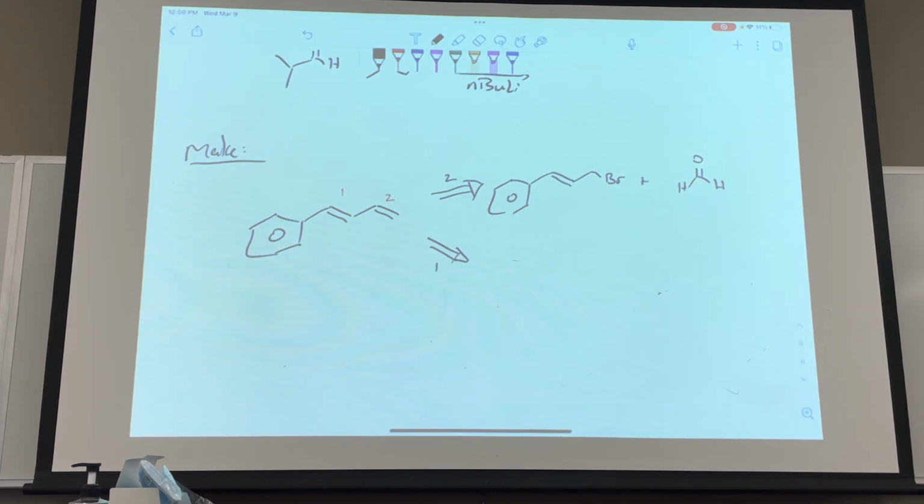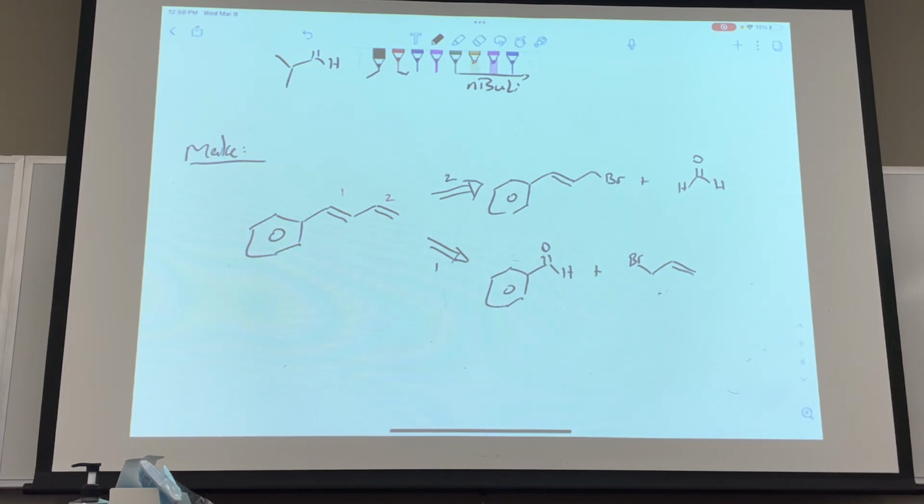Or to make double bond number 1, what about now?